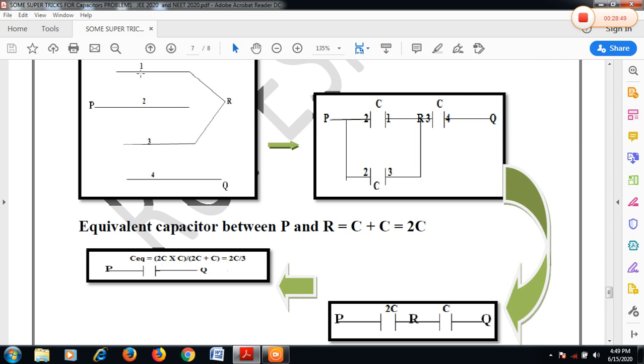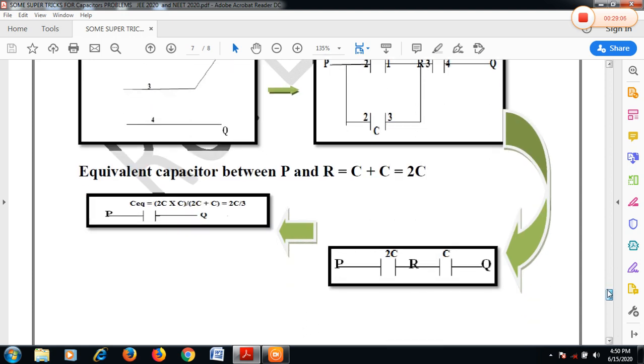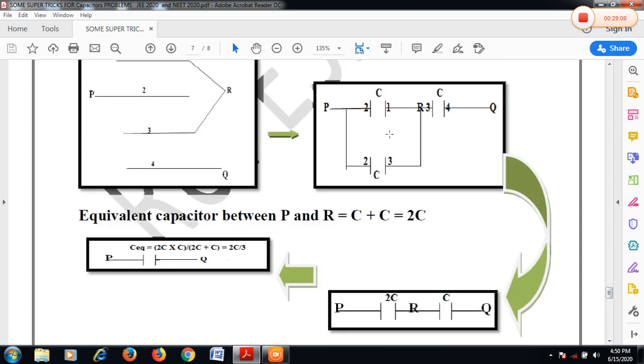Previously it was blurred when we zoomed it out, and now we are seeing plate 1, plate 4, all are connected, right? Hope you have understood. So here also these C and C plates are in parallel combination, resulting in 2C, which is connected to this plate C in series combination, resulting in the equivalent capacitance across P and Q: C_eq equals 2C into C by 2C plus C, which is none other than 2C by 3.